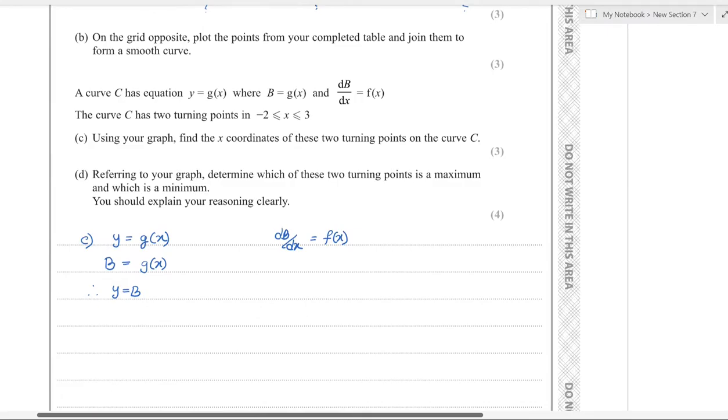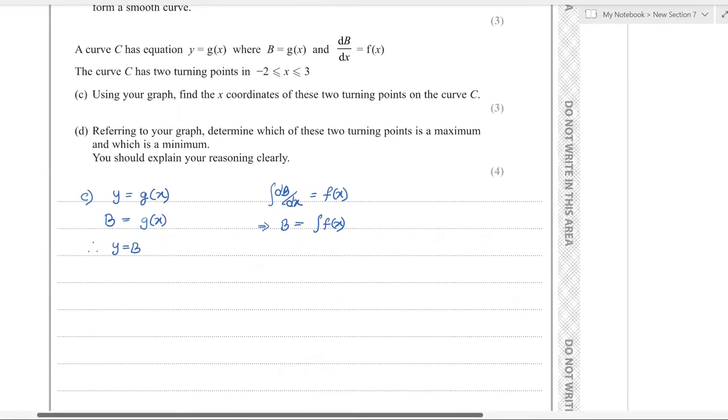Now if you want to find g(x) from this f(x), you need to integrate it. So y is the integrated value of f(x).